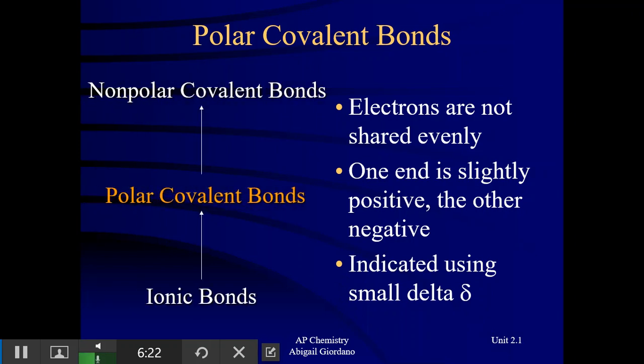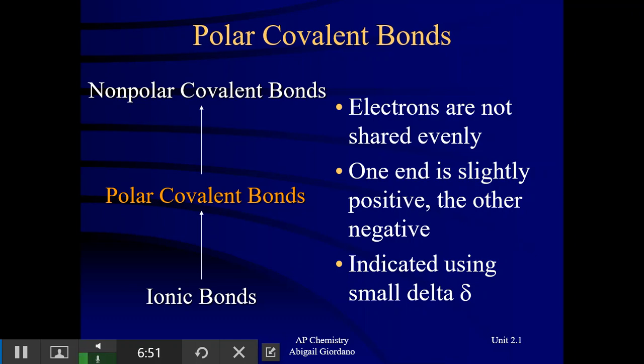But something that I really want you all to understand is that there's a gradual spectrum here. There isn't a hard and fast place where something is no longer ionic, now it's polar covalent. It's a range. An ionic bond involves electrons being fully transferred from one atom to another.